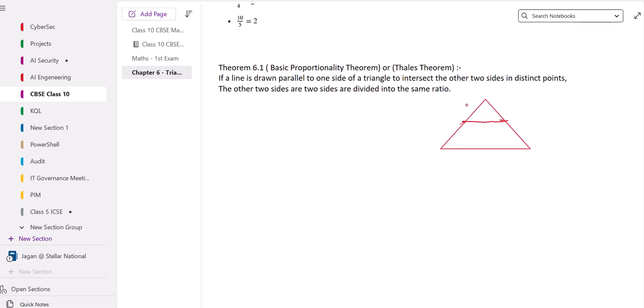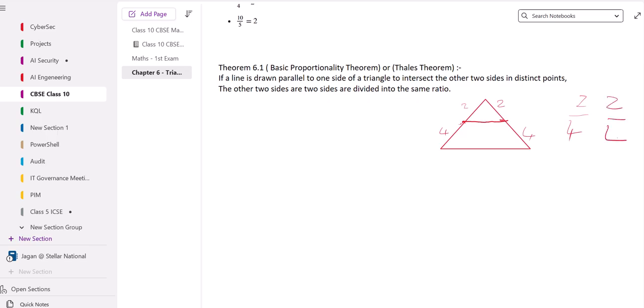Let's say if this is divided in 2 and 4, this should also be divided in 2 and 4. That means the ratio is 2 by 4 on this side and 2 by 4 on this side.